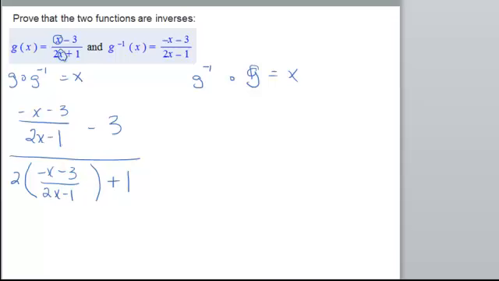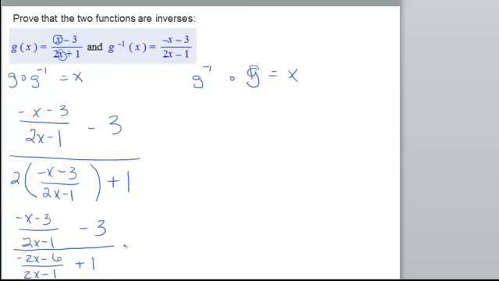I replaced this x with all of this. Now I need to simplify it. Let's go ahead and get rid of this 2 down here, and I think, yeah, we'll just do that first. So we'll end up with negative 2x minus 6 all over 2x minus 1.